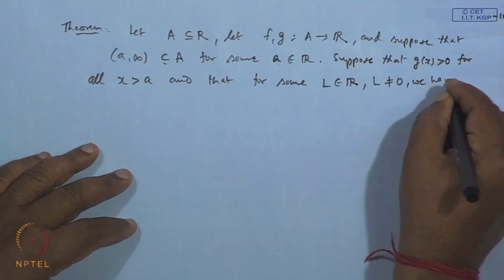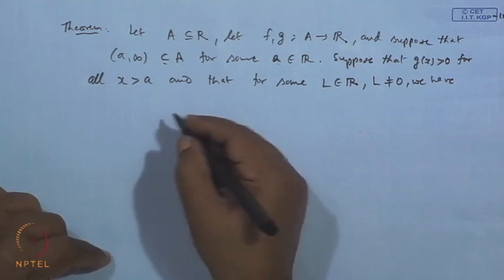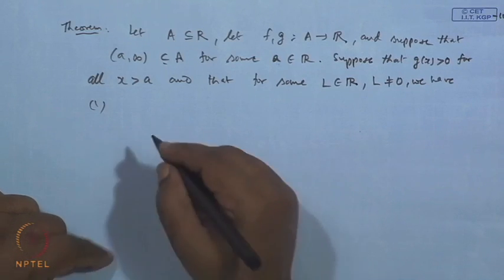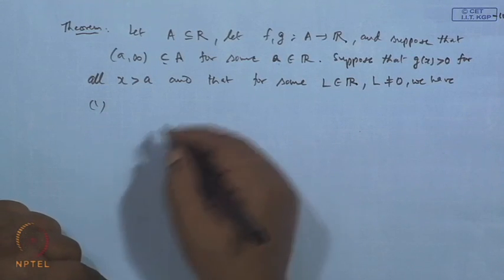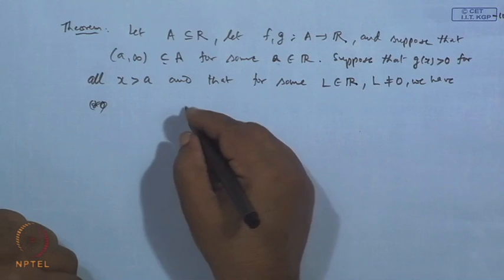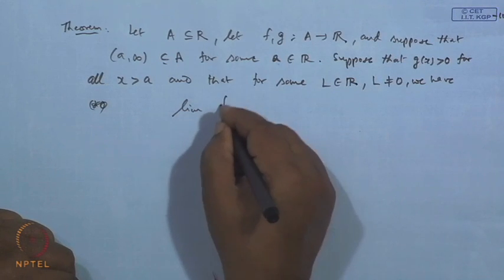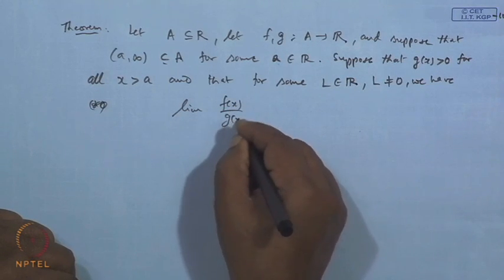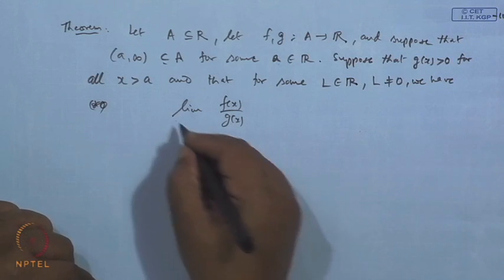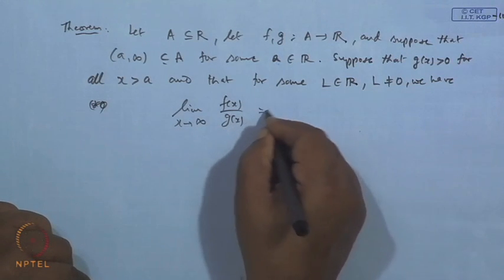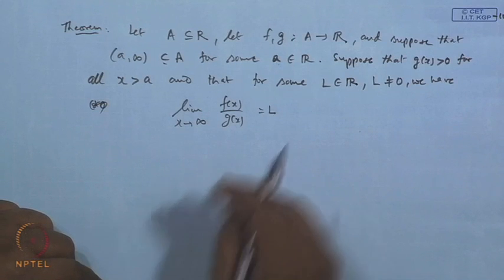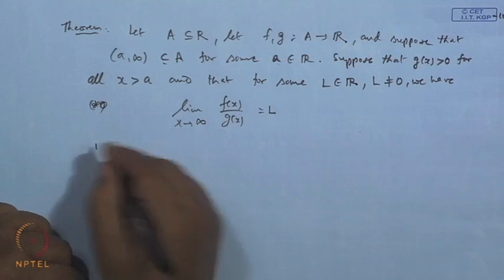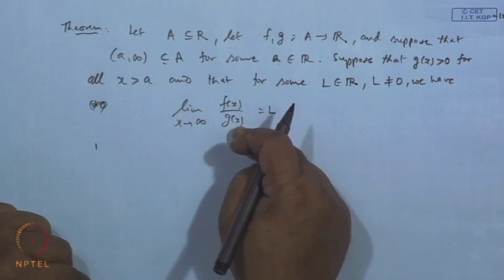We have, first, the limit of f(x) by g(x) when x tends to infinity is L. Depending on L we can identify the limit for f and g.